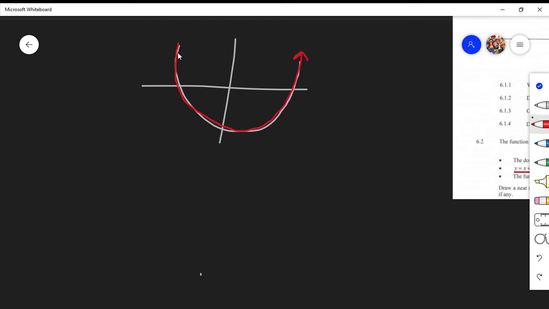Okay, so your quadratic function is a smiley face, which means a is greater than 0. So now when you find the axis of symmetry of the quadratic graph, you can't really have a horizontal axis of symmetry. What I mean by that is, for example, if this is your graph, right?